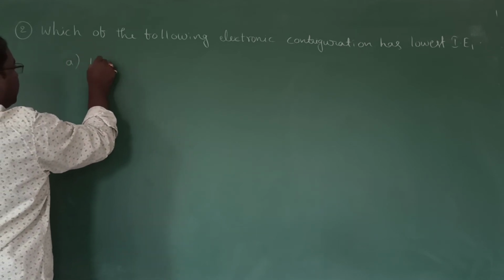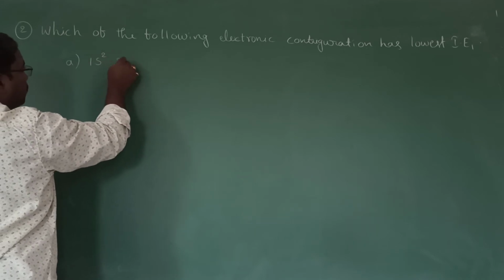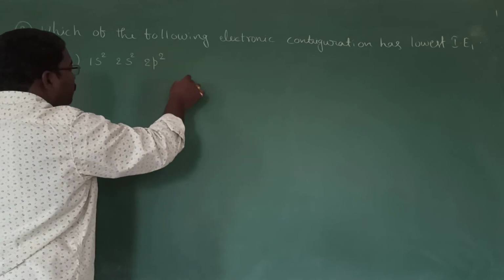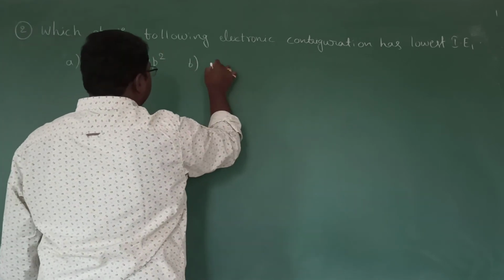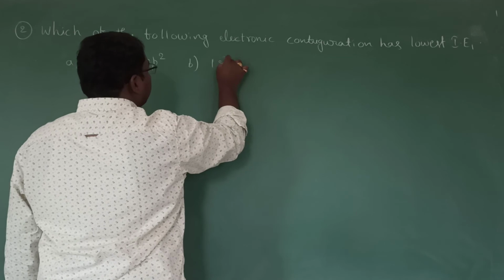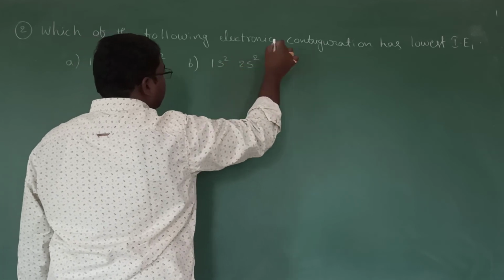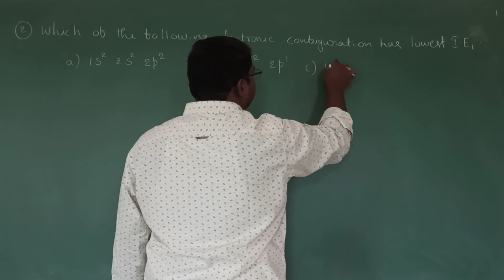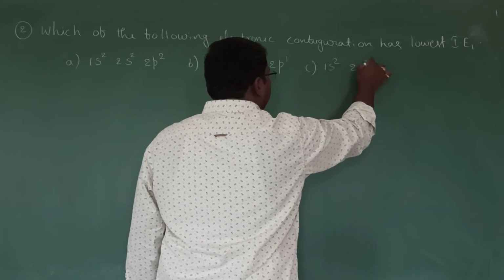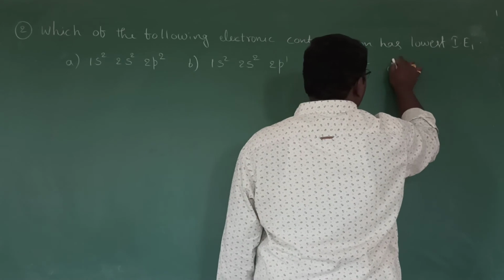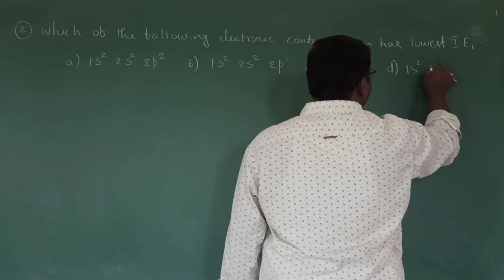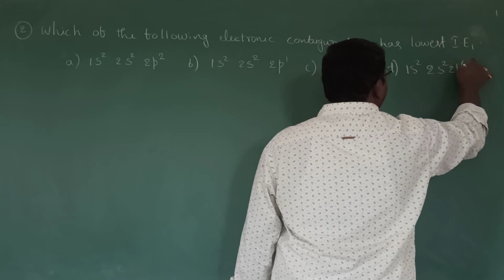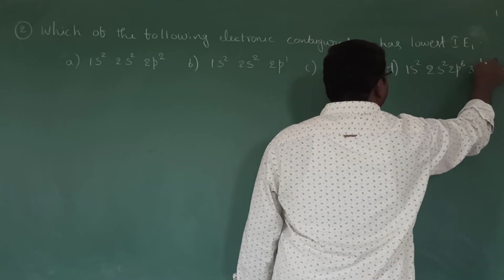The electronic configurations they gave are, first option, 1s2, 2s2, 2p2. Second option, 1s2, 2s2, 2p1. Third option, 1s2, 2s2, 2p6, and the fourth option, 1s2, 2s2, 2p6, 3s1.